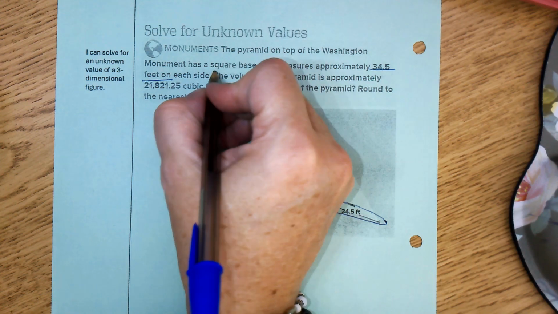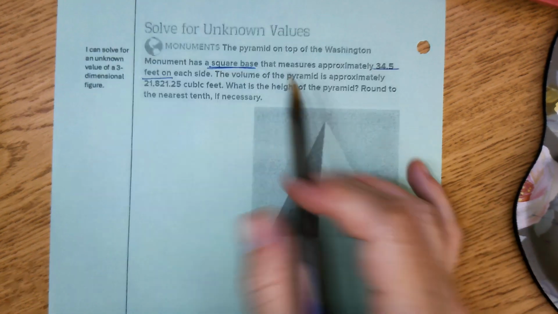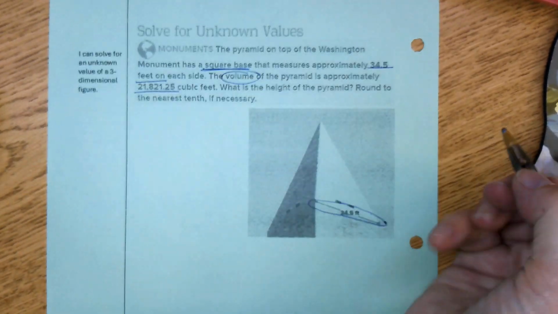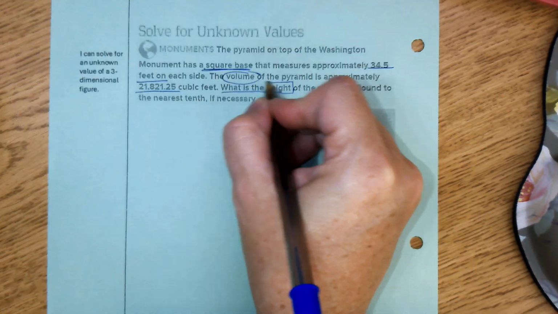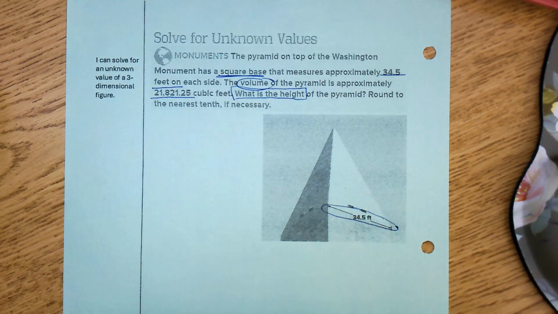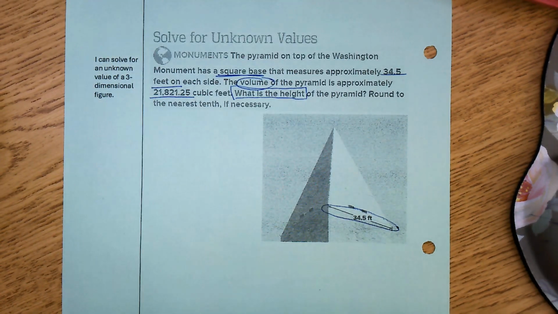It's a square base. So the volume of the pyramid is approximately this much. What is my height? So I'm looking for H. Now let's go back to the front. I have the volume of a regular pyramid.